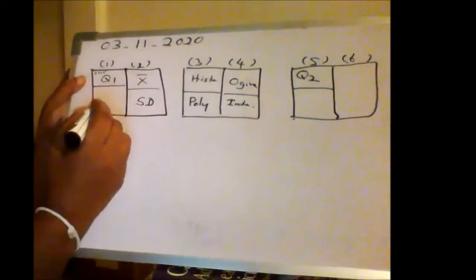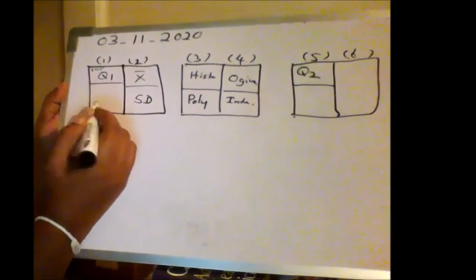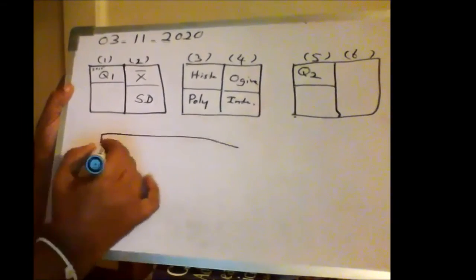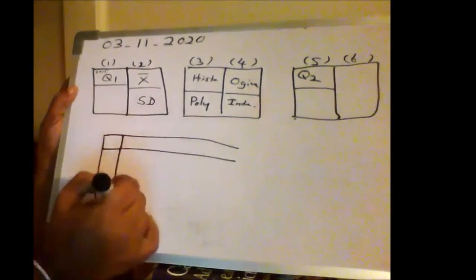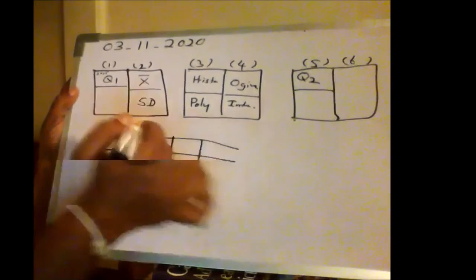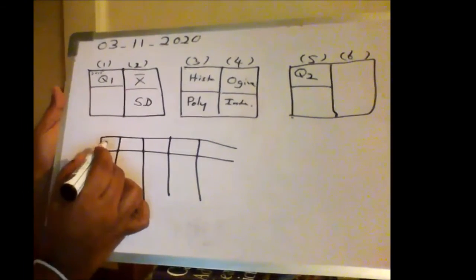And when you draw the frequency distribution, use the margin also and draw 8 columns. Right? Count 1, 2, 3, 4, 8 columns. Use the margin also. This is for the class intervals.